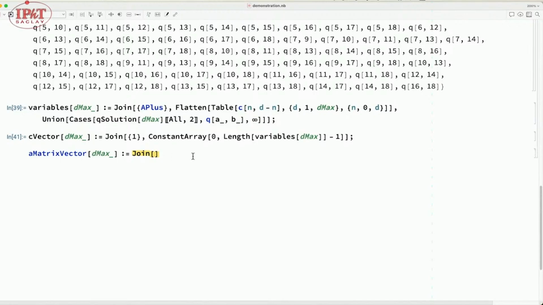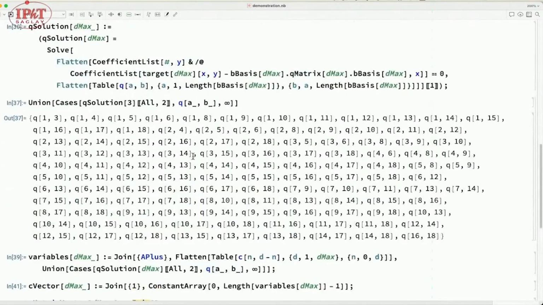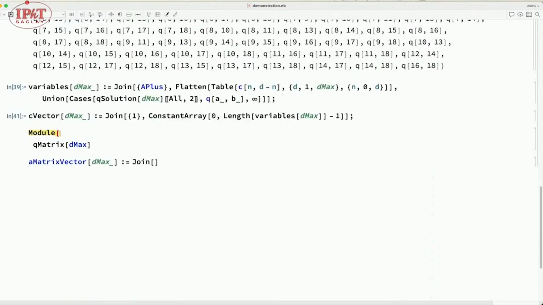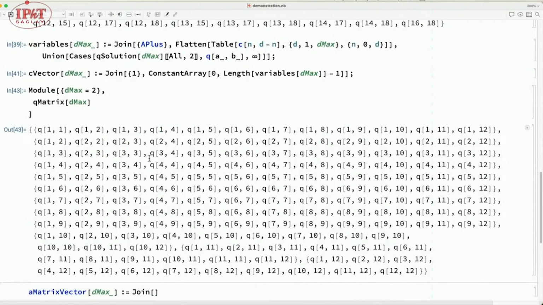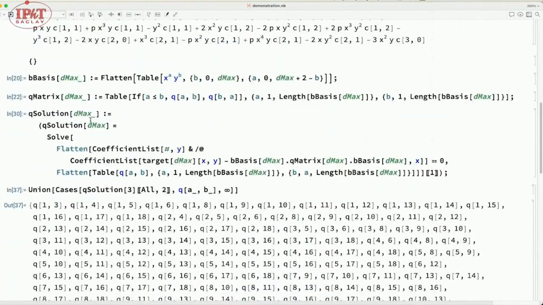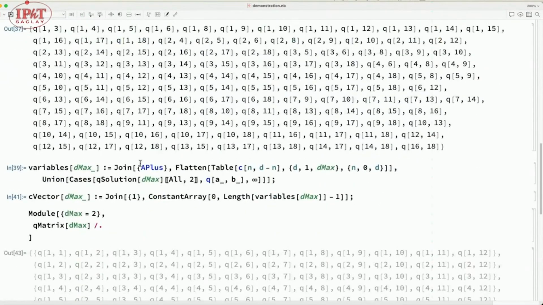So let's do that. First, what is this matrix? We have a Q matrix for some Emax. That looks like that. And in this Q matrix, we want to implement the Q solution. So this just implements the equation there.